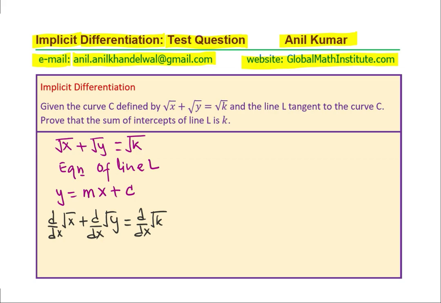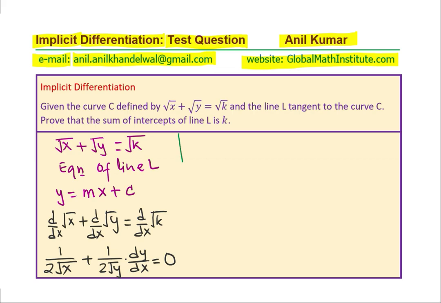The derivative of square root of x, as you know, is 1 over 2 square root x. That of y will be 1 over 2 square root y times dy/dx, using the chain rule. And for a constant, the derivative is 0.